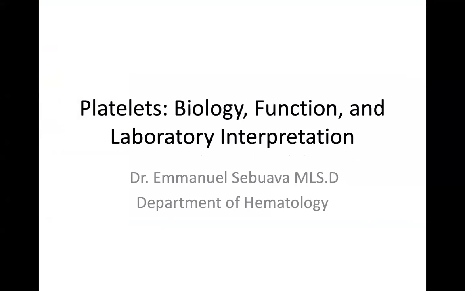We are going to look at platelet structure, their production, and their function. Then we'll try our best to look at the FBCs we have, how platelets are counted, and the various flagging systems, or flags, that we get on the platelets.